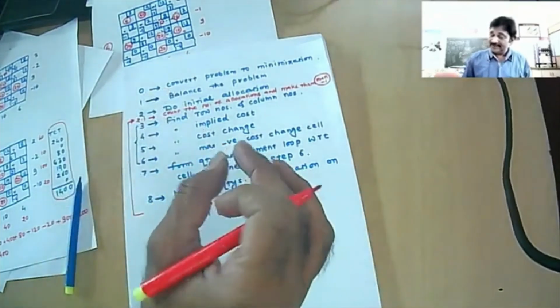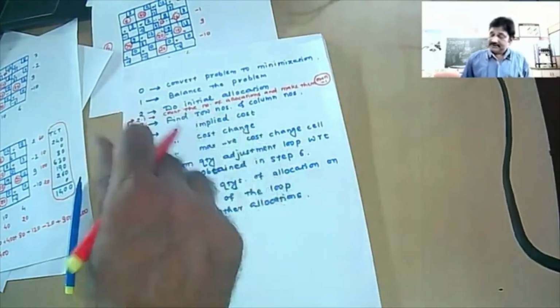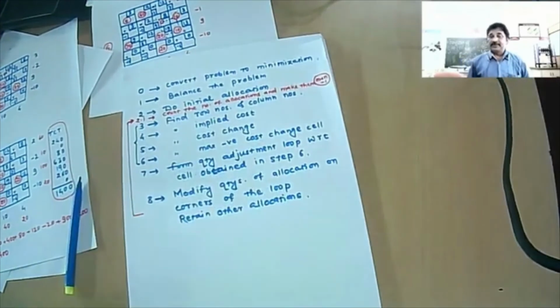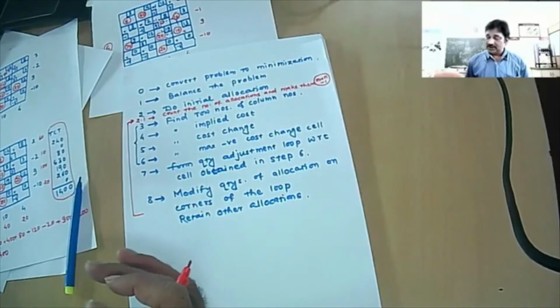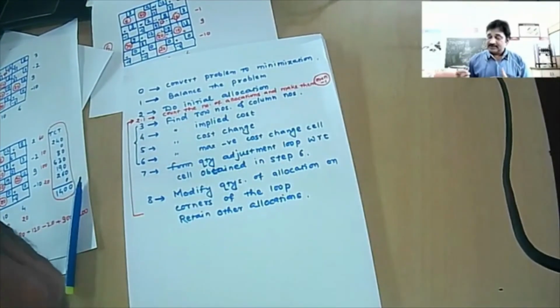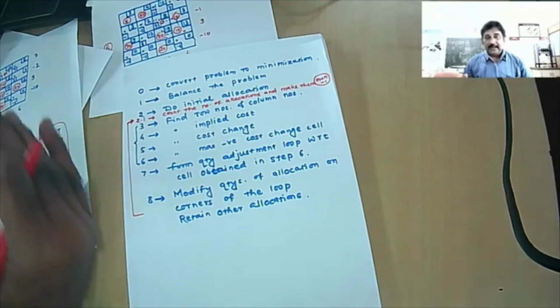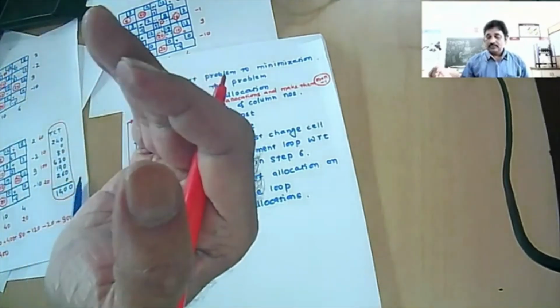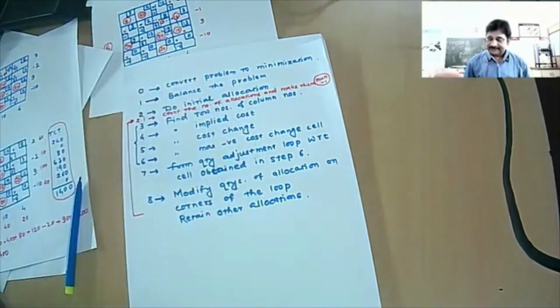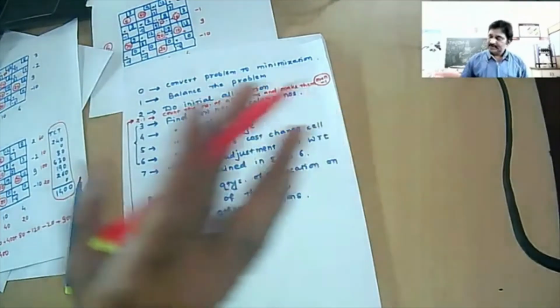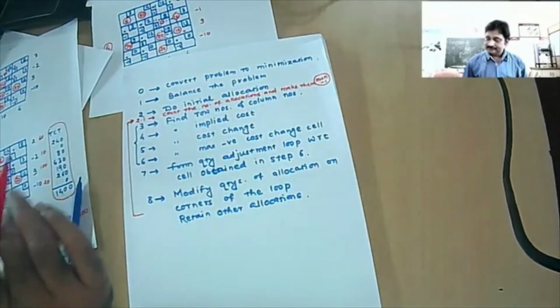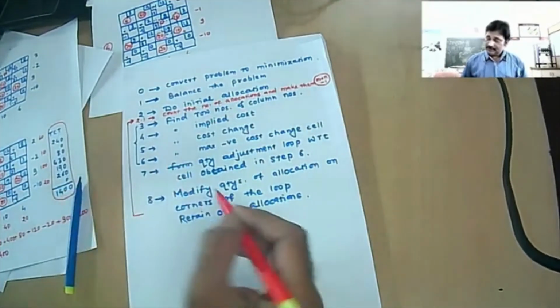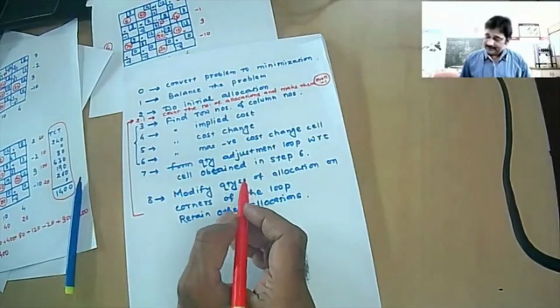So you fill the gap by allocating epsilon and then find the row numbers, column numbers, then find the implied cost, then the cost change. That is the difference between the actual cost of transportation and the implied cost of transportation. If all of them are positive, your problem is over.